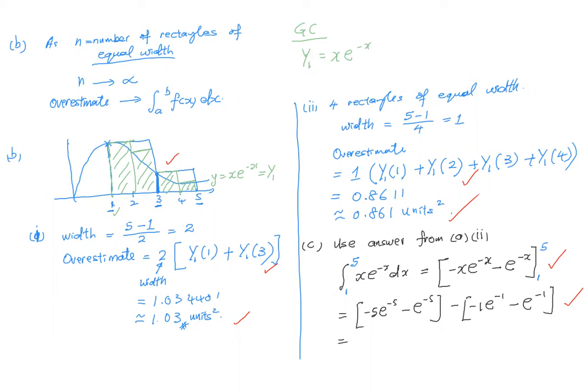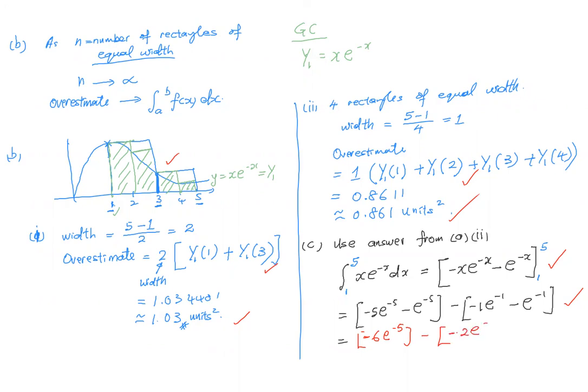So when I have negative 5 of this, take away 1 of this, so I have negative 6 of this. Am I right? Take away negative 1 minus 1 of this, take away another one, so I got negative 2 of this.